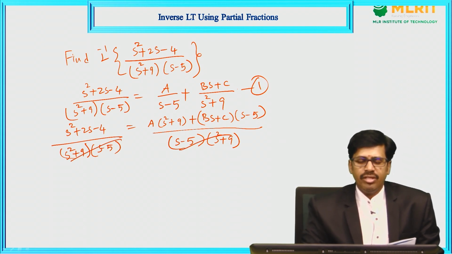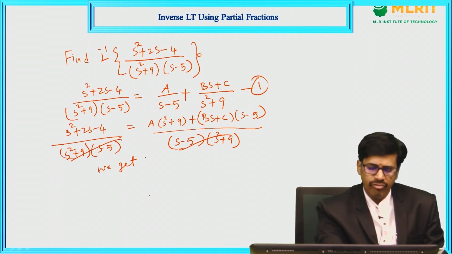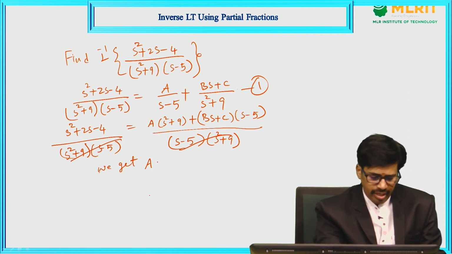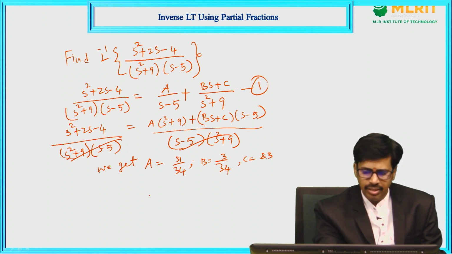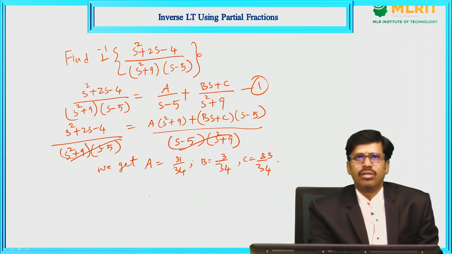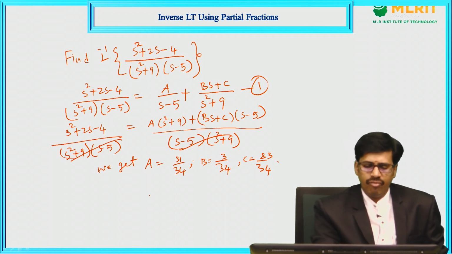By simplifying this, we get the values of a, b, c. A value we get as 31 by 34, b value we get as 3 by 34 and c value we get as 83 by 34. Substitute a, b, c values in equation 1 and find the inverse Laplace transform.